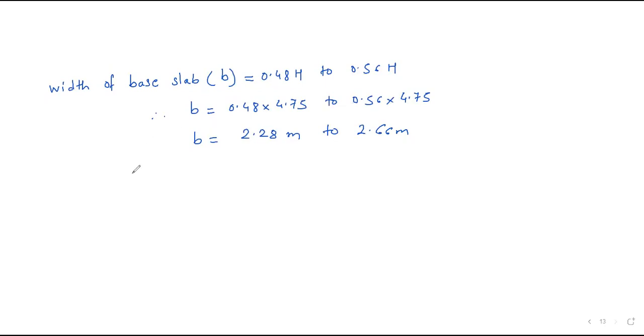Therefore we will choose B between 2.28 and 2.6, so I will choose 2.5 meter. I will choose B is equal to 2.5 meter. Okay.